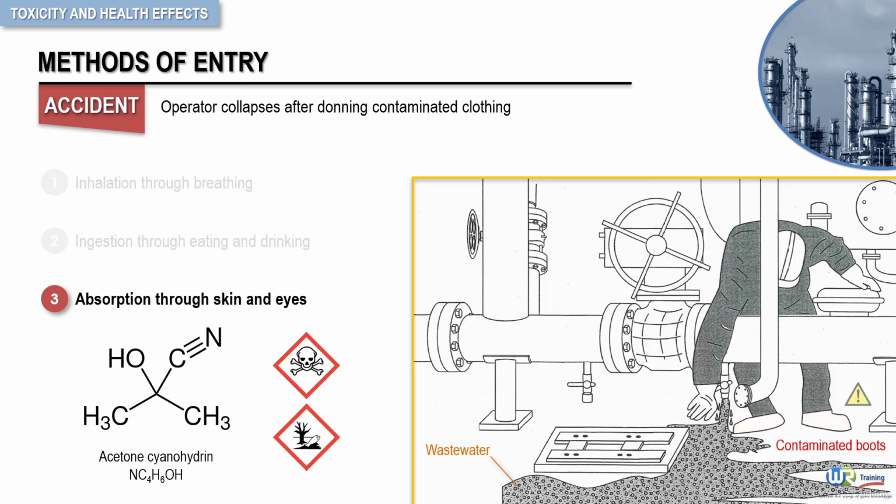He was taken to the local hospital, but the medical staff at the hospital had no knowledge that he had been exposed to acetone cyanohydrin and were not trained to handle patients with exposure to cyanide. The contractor died in hospital. The main lesson here is to never put on soiled or contaminated clothing. Remember, many people have collapsed after wearing contaminated coats, gloves, boots, and so on.